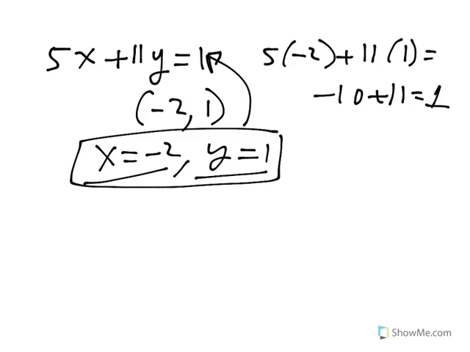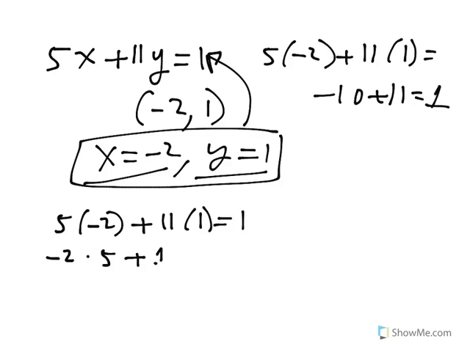So we take our initial solution, which says that 5 times negative 2 plus 11 times 1 equals 1, which is true. I like to reverse this around, so negative 2 times 5 plus 1 times 11 equals 1 is also true.